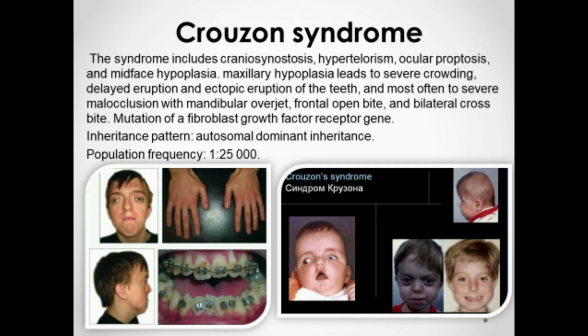In addition, maxillary hypoplasia leads to severe crowding, delayed eruption and ectopic eruption of the teeth, and most often to severe malocclusion with mandibular overjet, frontal open bite, and bilateral cross bite.